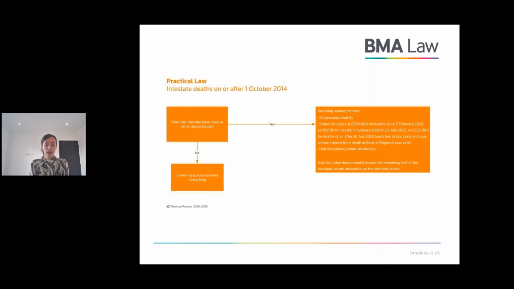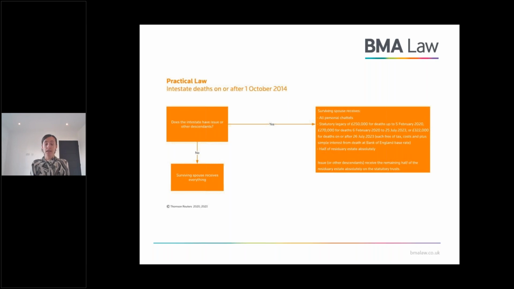Firstly, if you die with a surviving spouse or civil partner and you have no issue, then everything will pass to your surviving spouse or civil partner. Please note the term issue includes all direct descendants, including adopted children and illegitimate children, but not stepchildren.